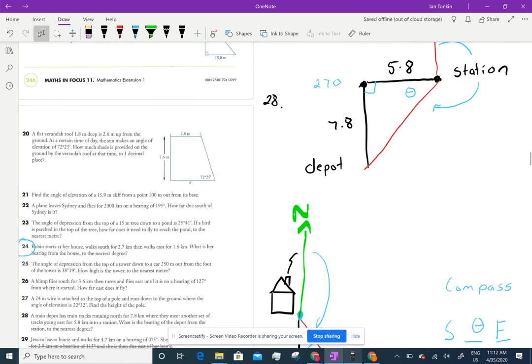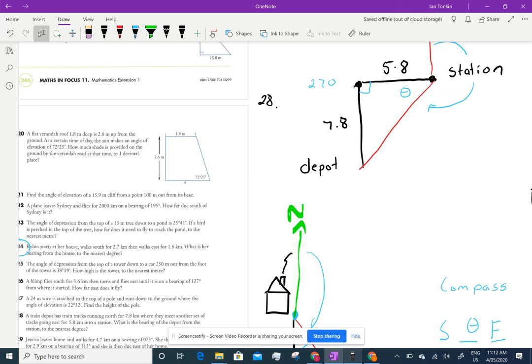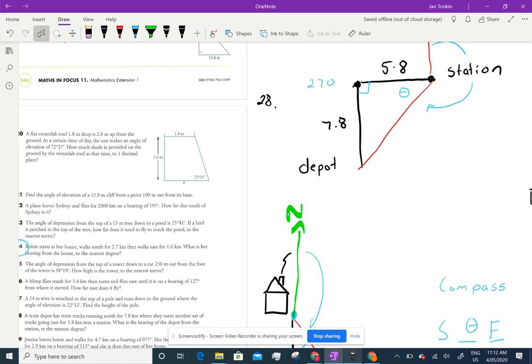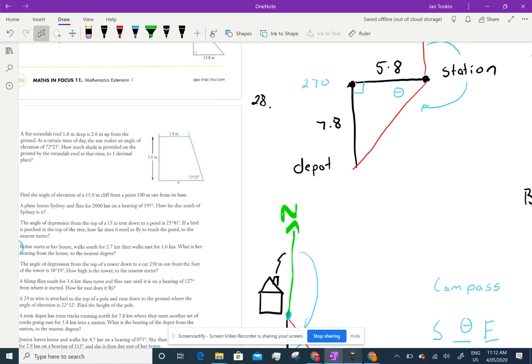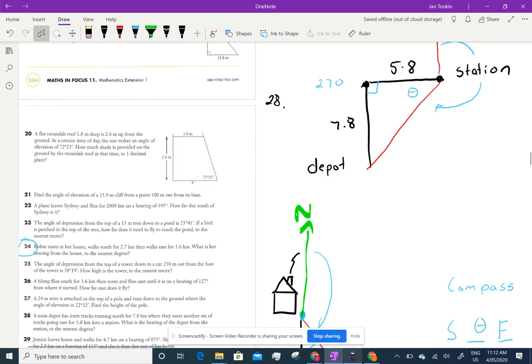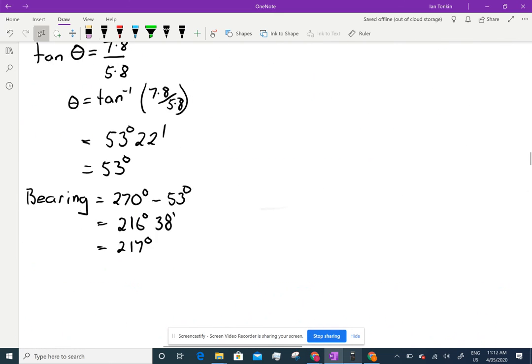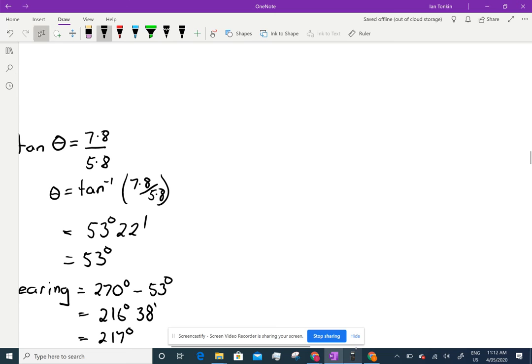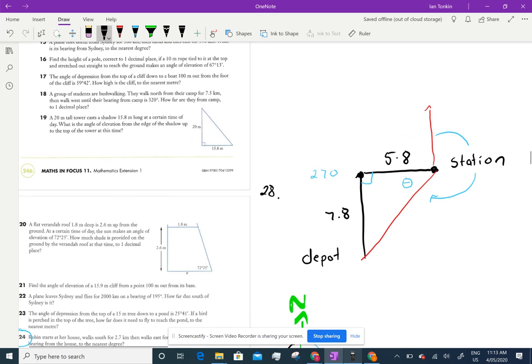It's reasonably easy. A plane leaves Sydney and flies for 2,000 kilometres on a bearing of 195 degrees. How far south is it of Sydney? So here's question 22. So I'm drawing a bearing 195 degrees.